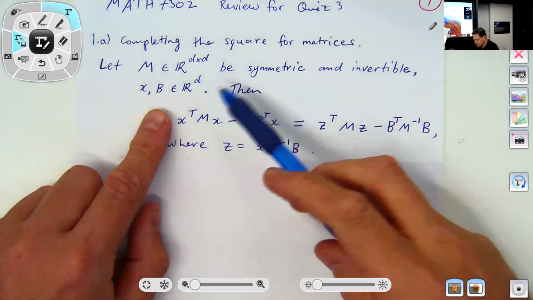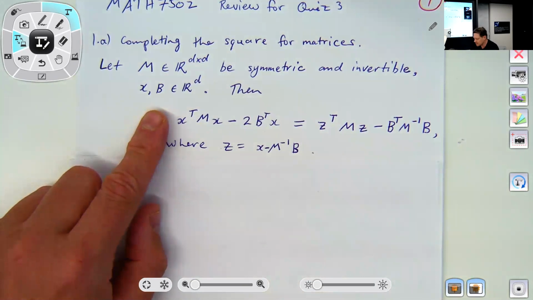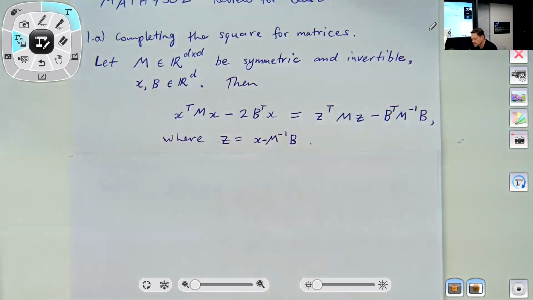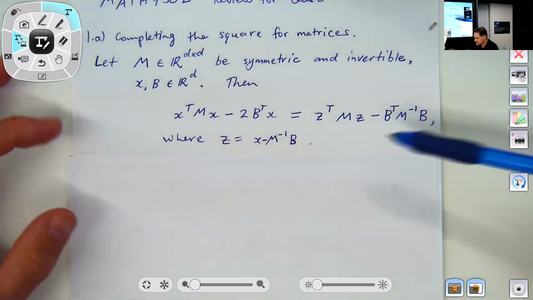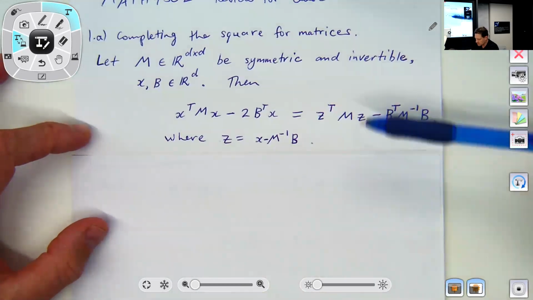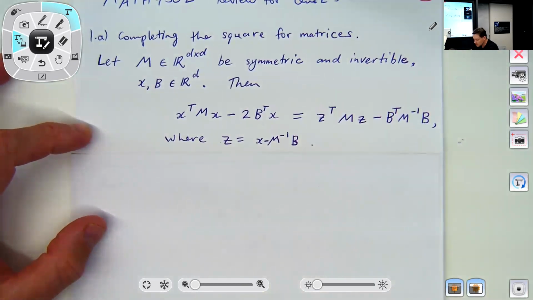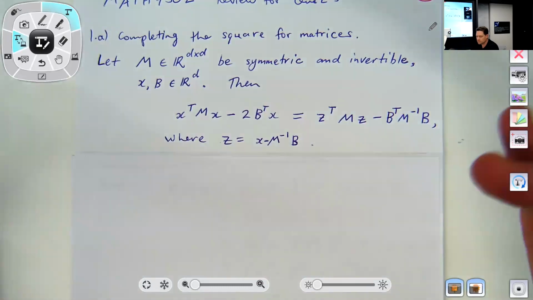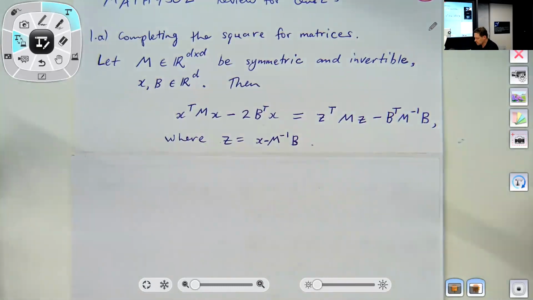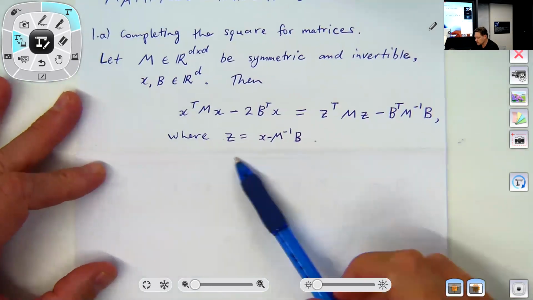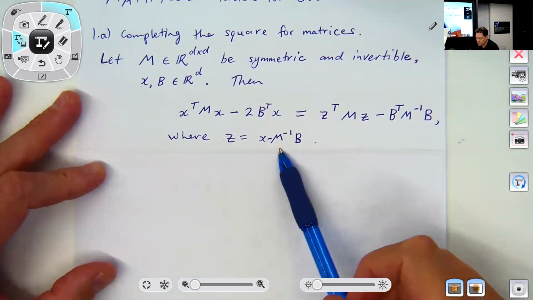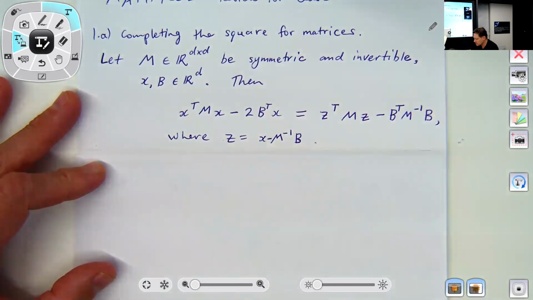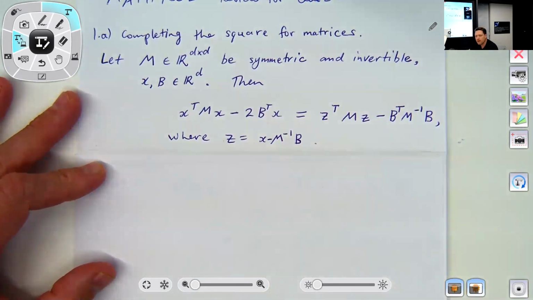They're column matrices of length D with real entries. So the claim is that these two expressions are equal. To keep this on the same line, I've introduced another letter here. So Z is X minus the inverse of M times B, and it appears there and there.